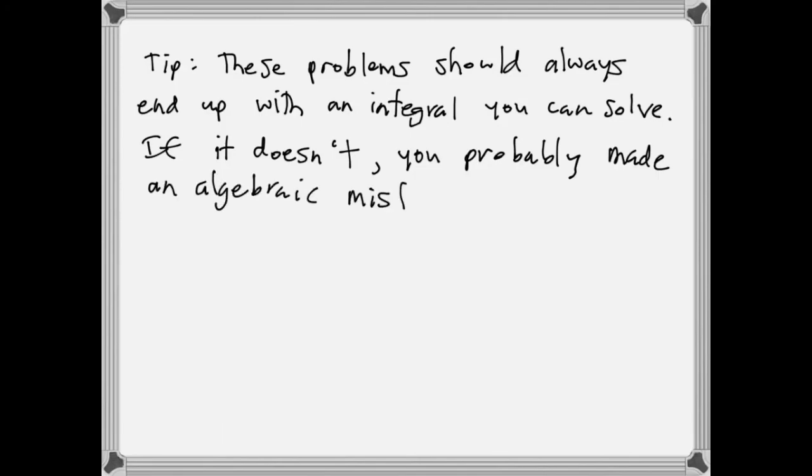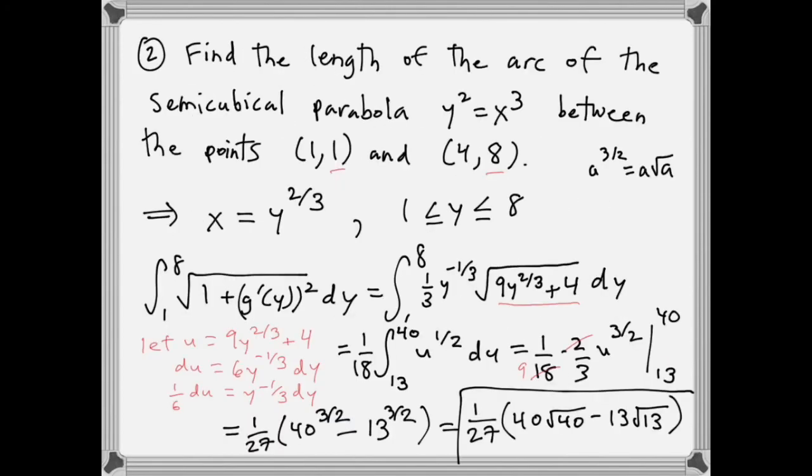So the thing I'm trying to point out here is that these problems are cherry-picked, okay? Because when you go back to the original formula, this thing in here is actually pretty complicated. If you just try this for any random function, you're probably not going to be able to solve the integral. So these problems are very much cherry-picked so that it is something that you can work through easily once you do the algebra right. So if it doesn't work out nicely, it means you probably made an algebraic mistake somewhere.